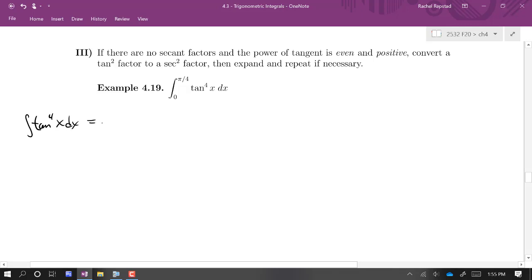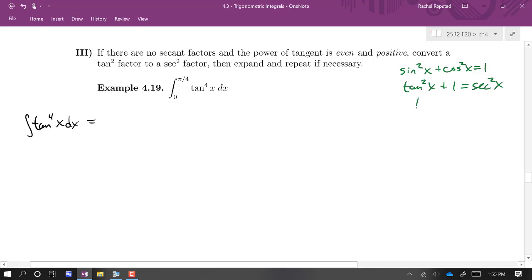They say convert a tan squared factor to secant squared. Okay, so the way you convert tan squared to secant squared is by using Pythagoras, right? Pythagoras says sine squared x plus cosine squared x equals 1. I always have to start out Pythagoras by writing out the sines and cosines. And we divide through by cosine squared, we get tan squared x plus 1 equals secant squared x.